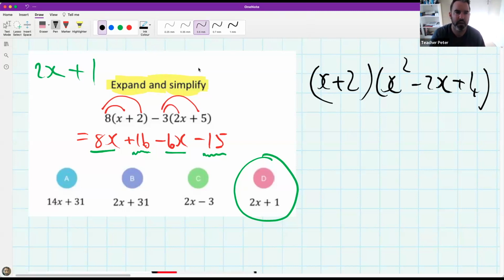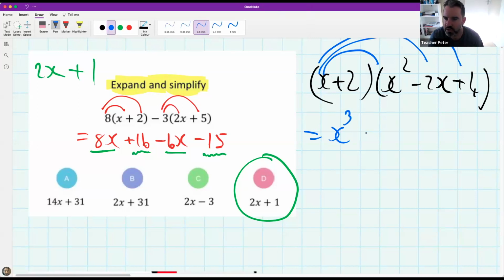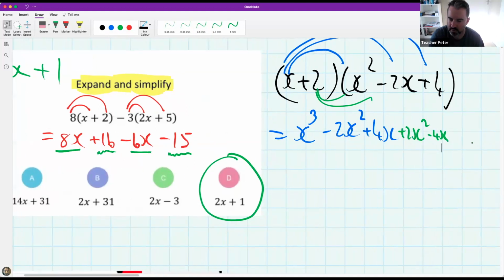So if we multiply out this by this, this by this, this by this, we will get x cubed minus 2x squared plus 4x. And then if we multiply this, we get plus 2x squared minus 4x.